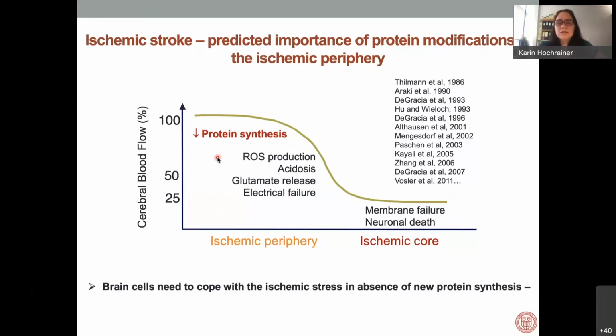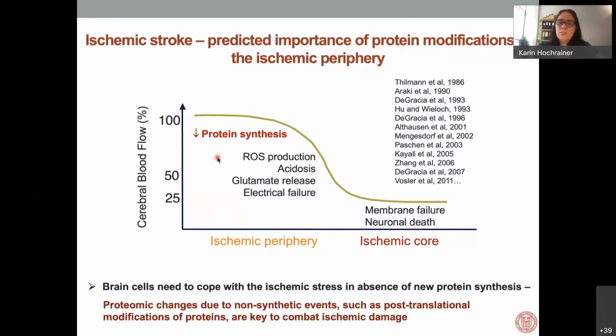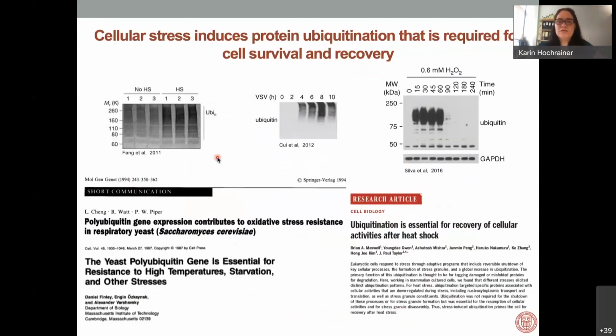So how does the cell then modify its proteome to be either more stress resistant or to induce apoptosis, anything like that? Well, it will induce post-translational protein modifications. And the reason why we were interested in ubiquitination is that it's notoriously known to be induced with different stressors.